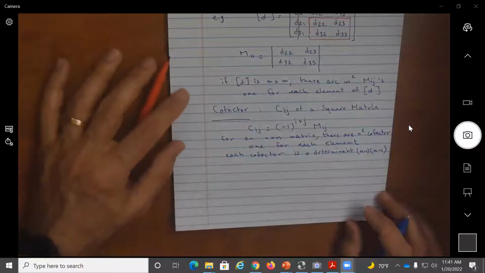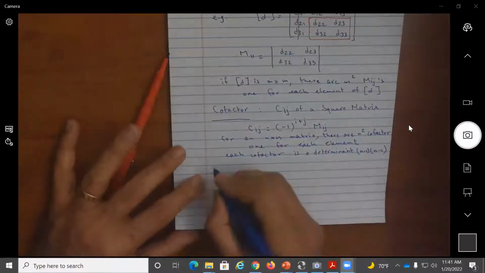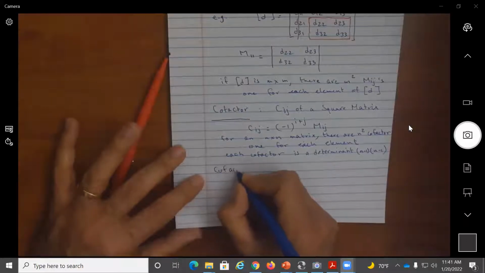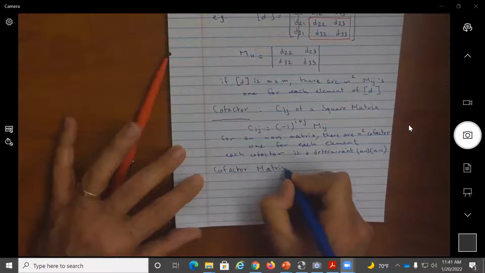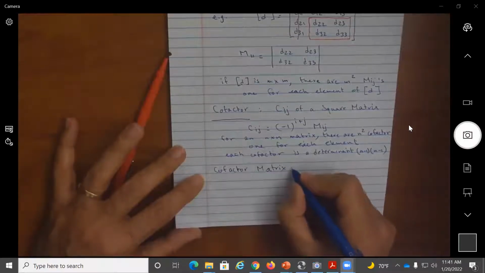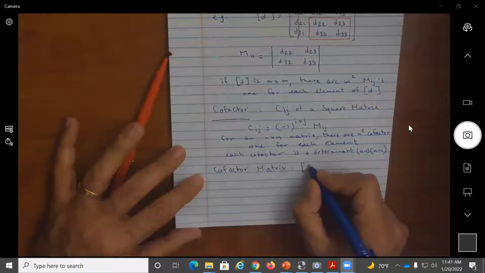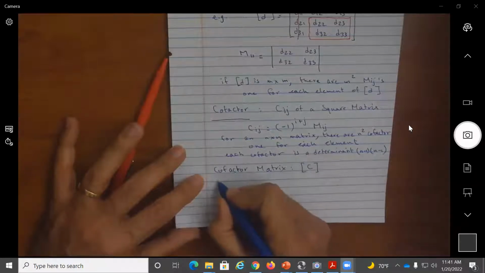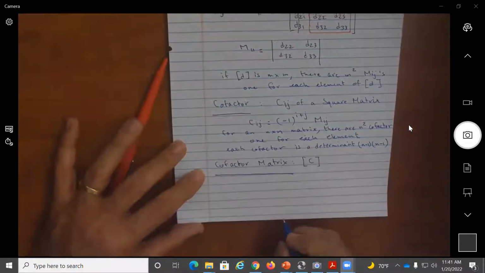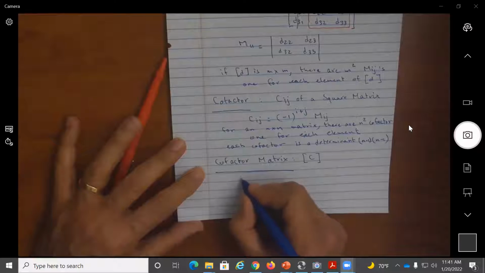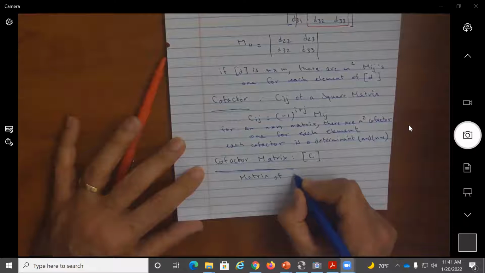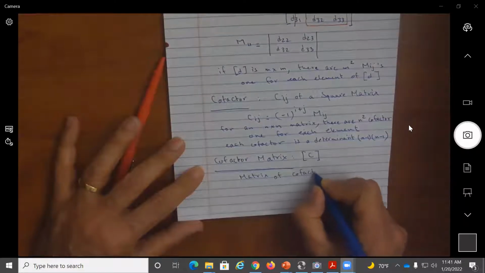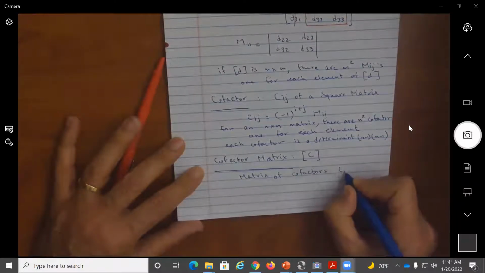If we can calculate all the cofactors for a matrix, we can assemble the cofactor matrix. So this is the matrix C, and it is a matrix of cofactors Cij.